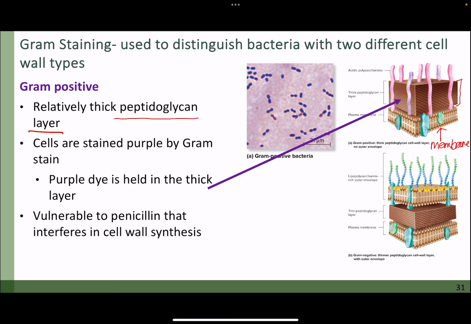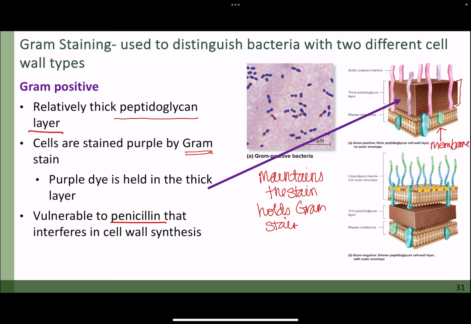We call these gram-positive because when we do this gram stain process, that thick wall maintains the stain. It holds that gram stain. It does that because it's that really thick wall. The stain sort of gets integrated into the wall of the bacterial cell. This particular cell wall is actually vulnerable to penicillin.